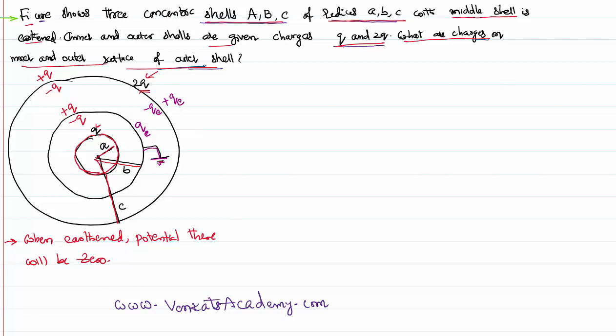Now, before I write an equation for the potential of B, what is the potential of B? The potential on the surface B is 0, as it is earthened, as we have explained earlier.